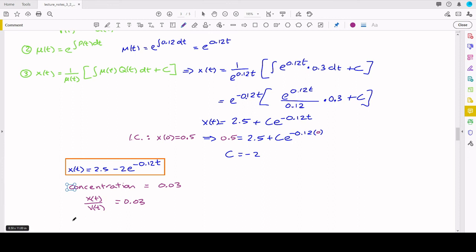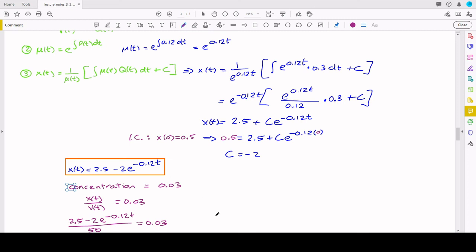Our x of t is this formula right here. So that's 2.5 minus 2 times e to the power negative 0.12t, over v of t. We found that the volume was constant, equal to 50, and that equals 0.03.